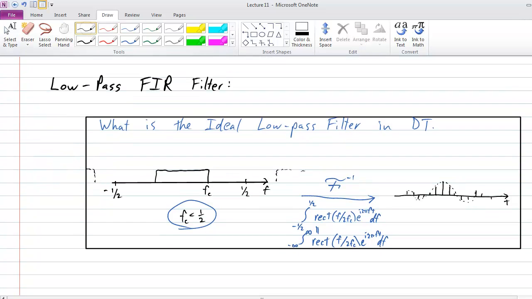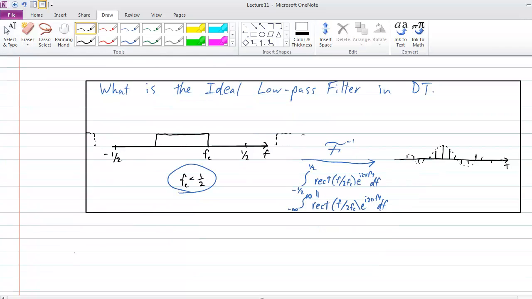So we have the same problem, though. This goes on in both directions infinitely. How do we actually implement it? Well, here's one idea. Let's window the ideal impulse response.